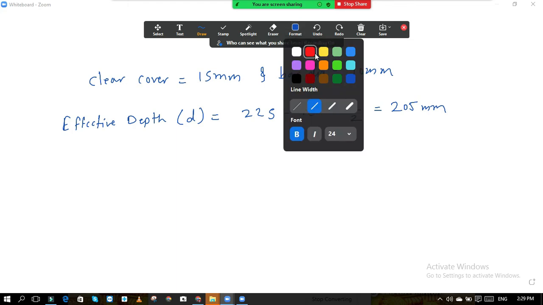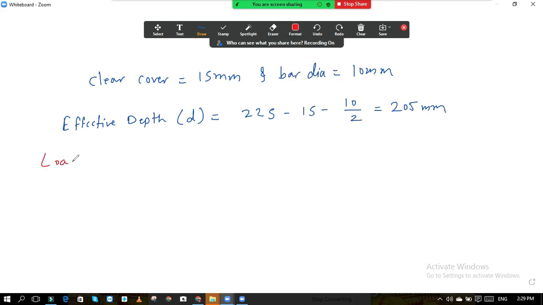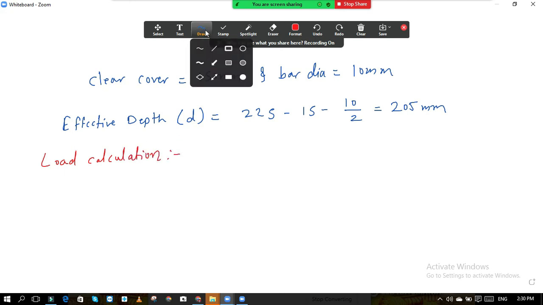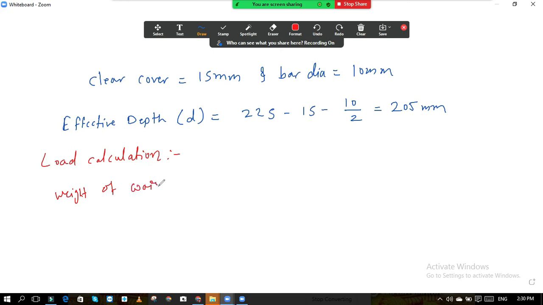So now the next part is load calculation. In the load calculation, first is the dead load, the weight of waist slab.